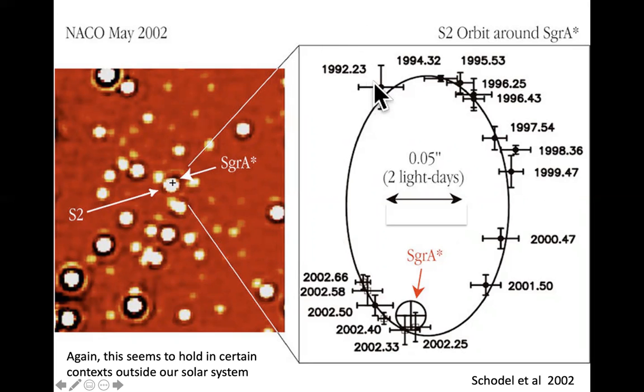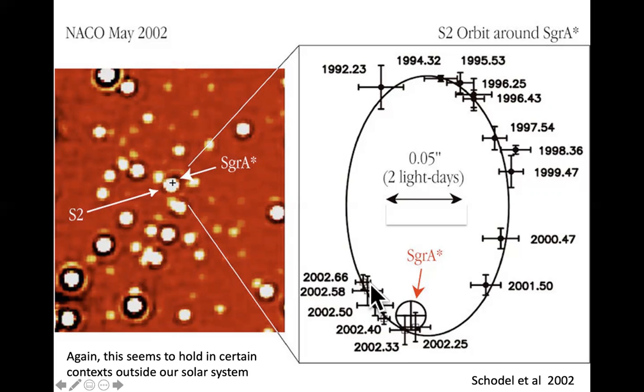So it was first seen here in 1992, got to here in 1994, went down, down, down to here in 1999. So you can notice it took about 5 years for the star to go through this much of an angle. Then it was here in 2000, here in 2001, here in 2002.2, and here in 2002.6. So it swept from here all the way over to here in a single year.